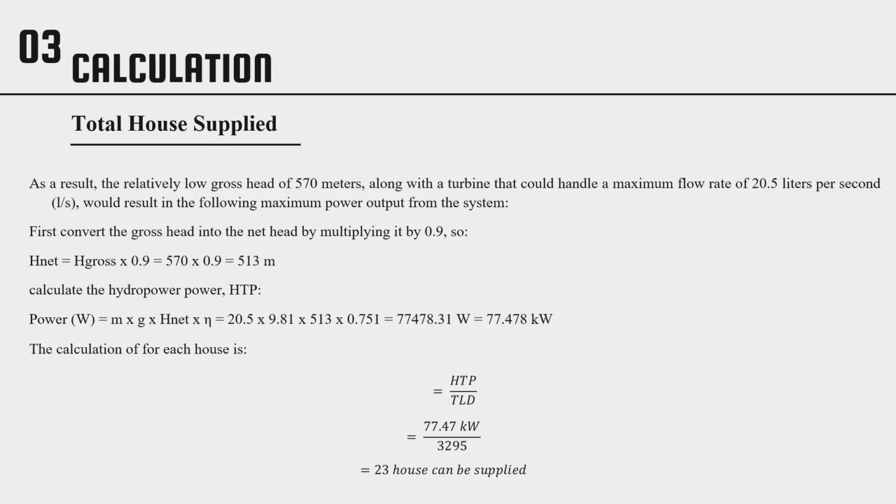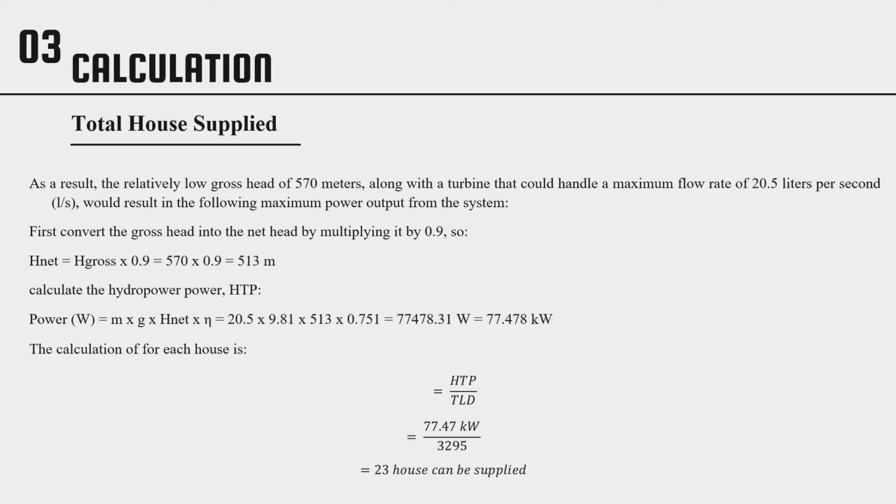So all the information is used to calculate the power. We put all the information in the equation: 20.5 times 9.81 gravity times 513 times 0.751, and we get 77.478 kilowatts.